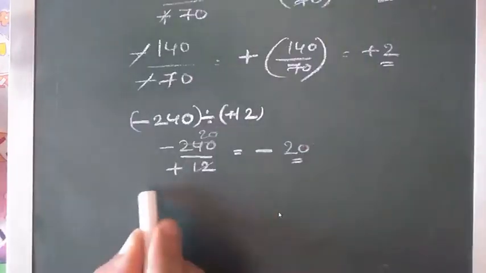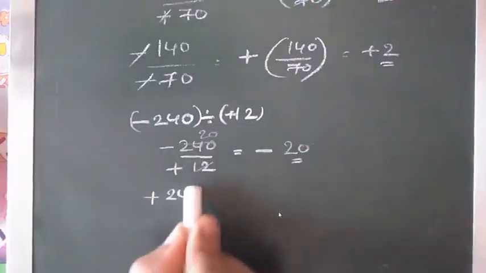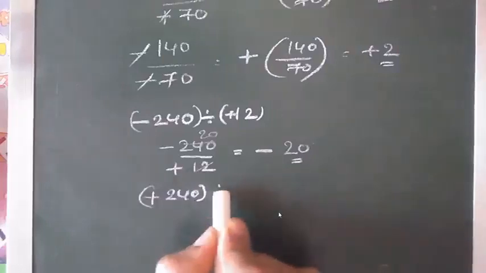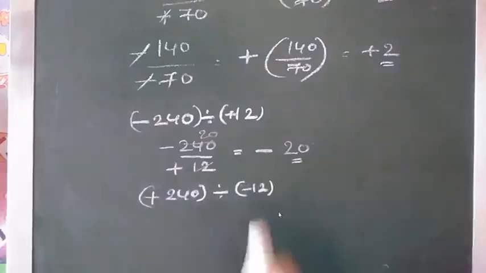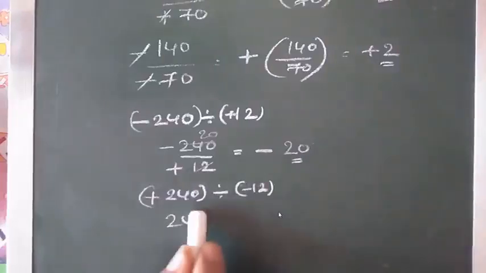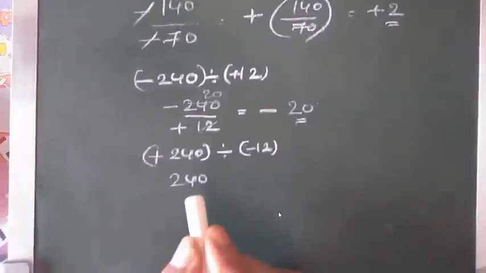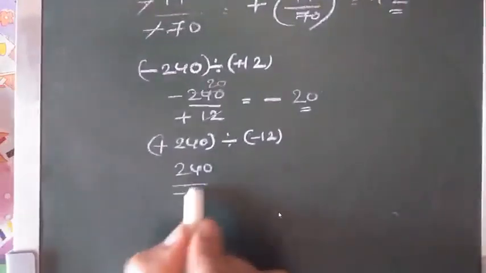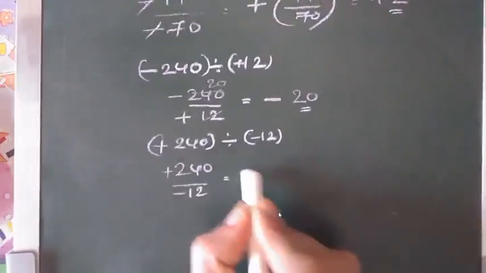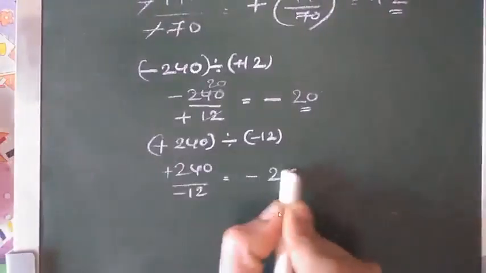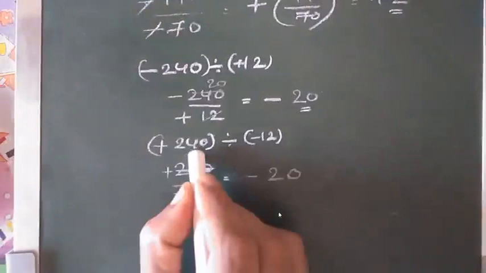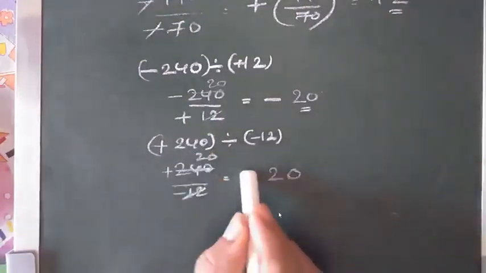And at the same time, if you divide plus 240 by minus 12, how can you write this in the form of a fraction? 240 by minus 12, you will get minus 20 again. 12 divides 20 times, so you get minus 20.